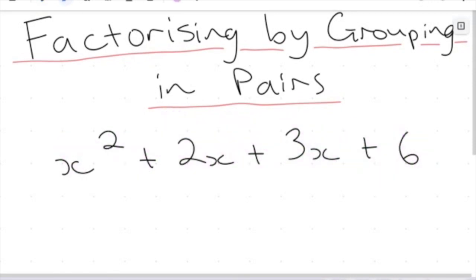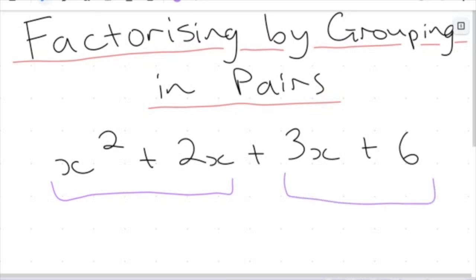Now what we're going to do here is split these four terms up into a pair of two algebraic expressions. I'm going to take this one, for example, this one, and this one here.